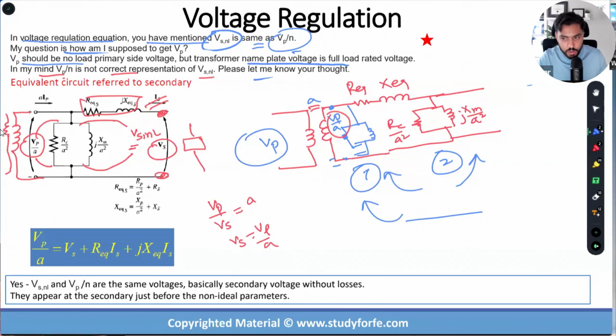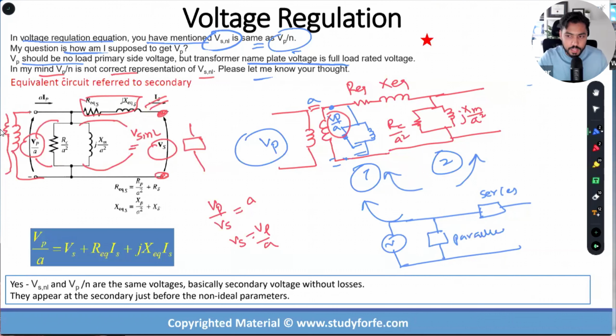If you look at it as a block, this is the parallel component. Let's say we have a source voltage, correct? This is the series parameters, your RP and R equivalent and X equivalent, and this is the parallel containing RC and XM, correct?